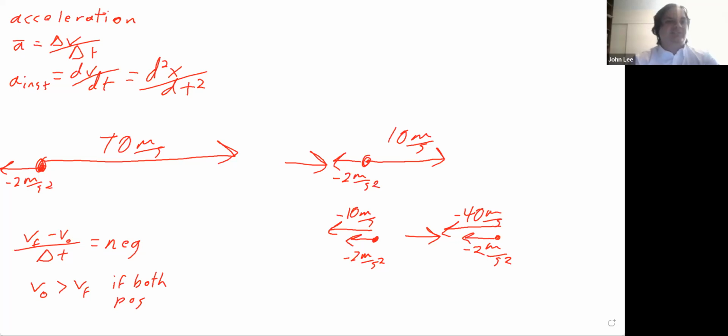If you're 20 miles to the east and you're going negative 20 miles per hour, then that means that you're still east of your starting point, but you are getting farther and farther to the west as time goes on.